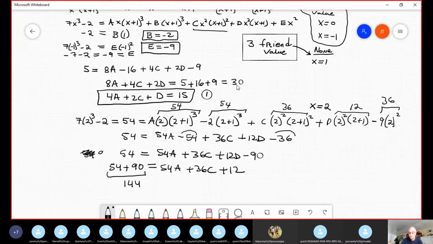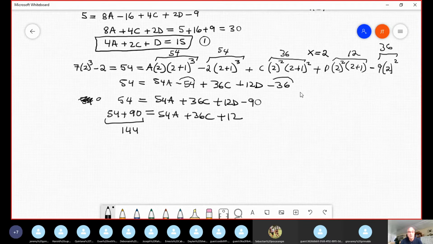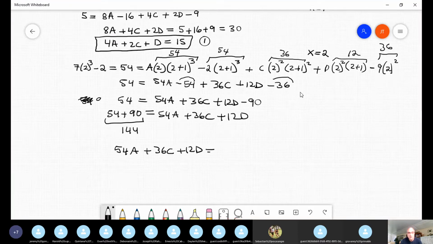Wow. This is a complication of the partial fraction decomposition problem. You can find complicated problems in calculus too. So my equation is 54A plus 36C plus 12D. I forgot D here. Look, bring down. Plus 12D is equal to 144.